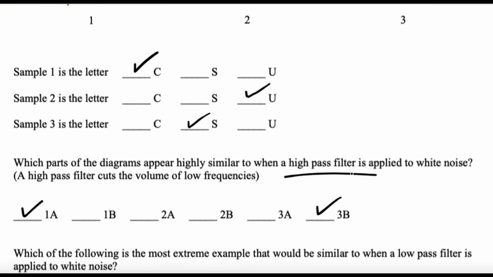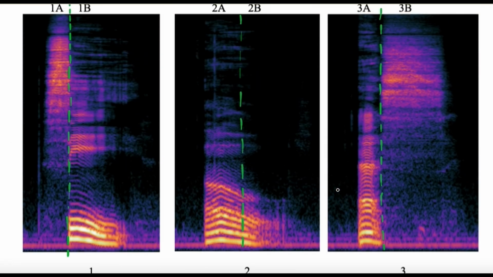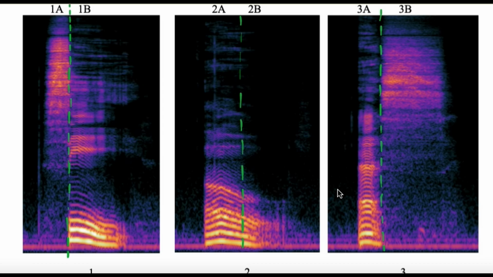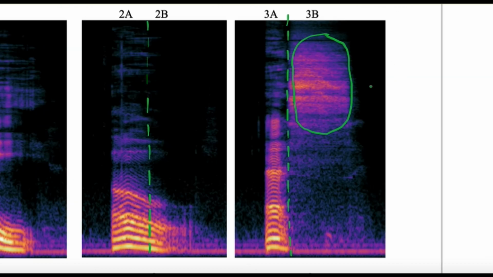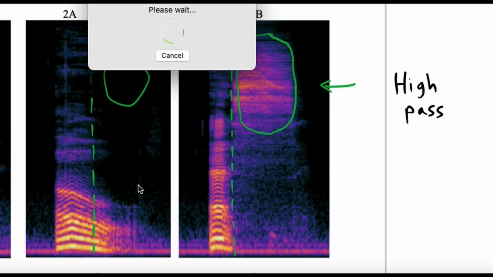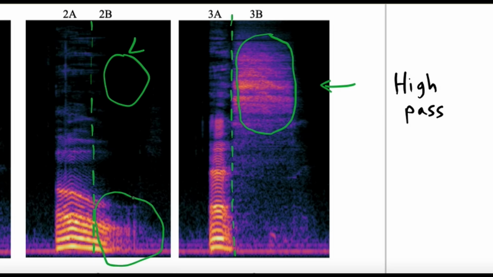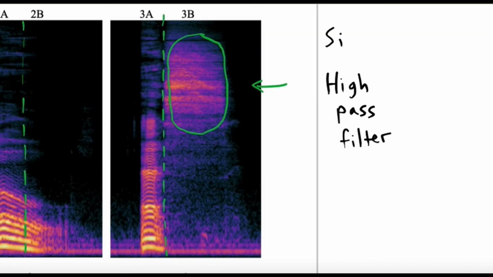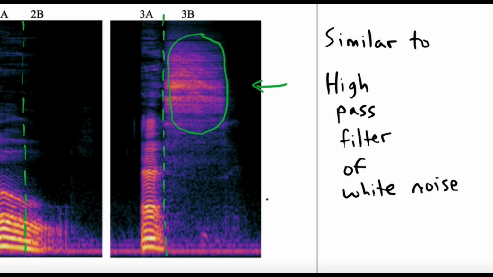So high pass is a term given to like when white noise is filtered such that the lows are removed. So this right here, this would actually be a low pass because you have frequency content in the low range. We don't see anything in the high range, no frequencies present at all. So that's high pass. I'll say similar to high pass filter of white noise.